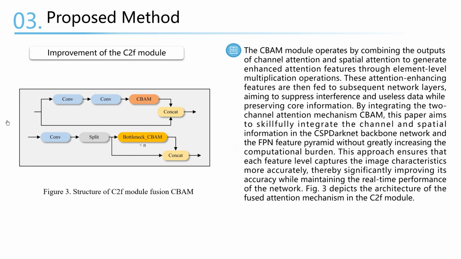This approach ensures that each feature level captures the image characteristics more accurately, thereby significantly improving accuracy while maintaining the real-time performance of the network. Figure 3 depicts the architecture of the fused attention mechanism in the C2F model.